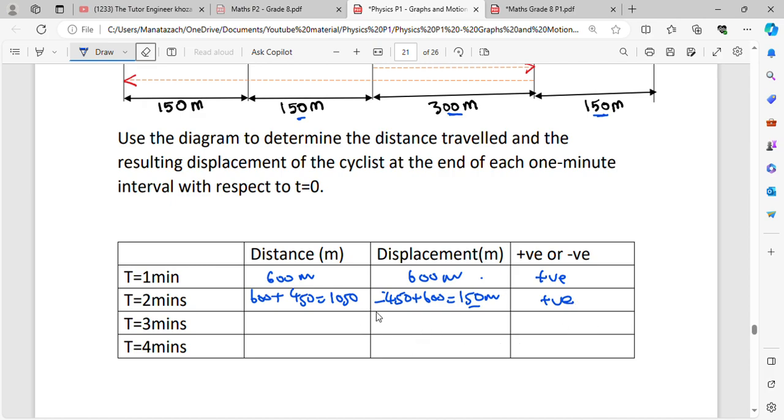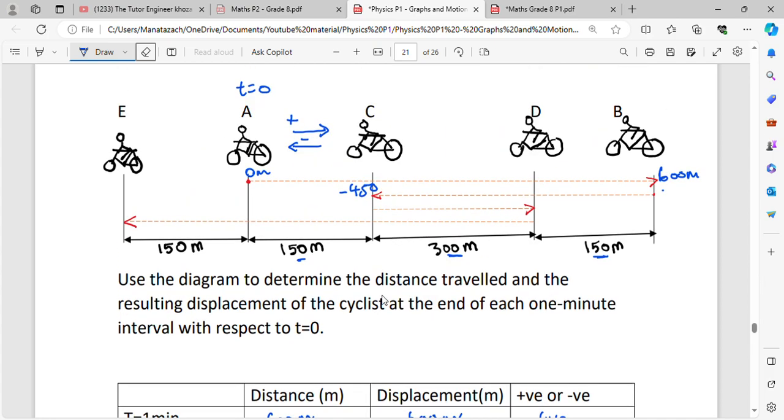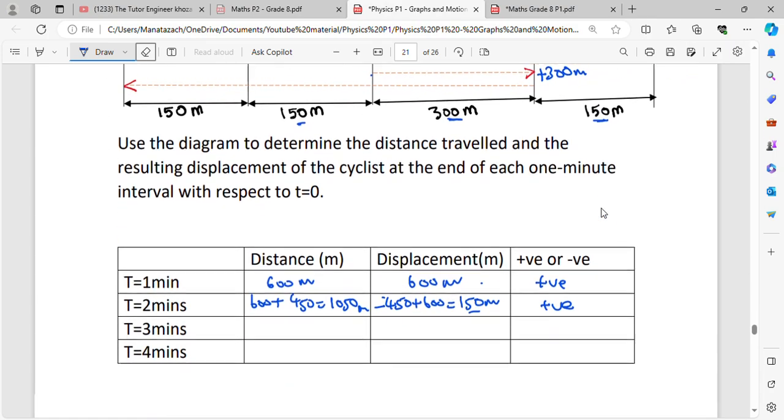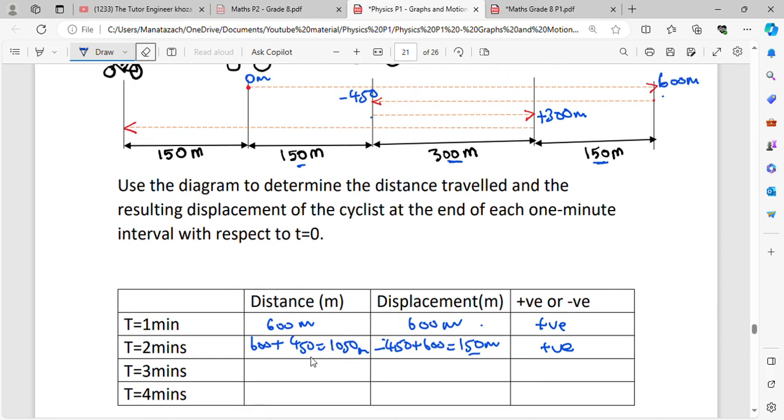Okay, so let's continue for the next stop of the cyclist. From point C, the cyclist is going to move to point D, which is 300 meters to the right. So 300 will be positive since it's going to the right. So we'll have 300 meters. To calculate a displacement, you'll say 300 minus 450.